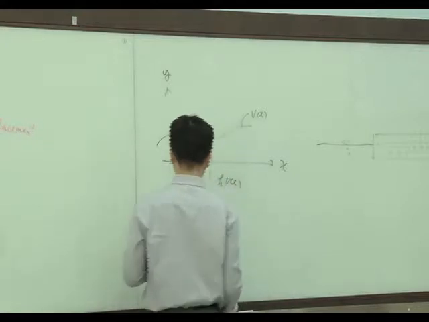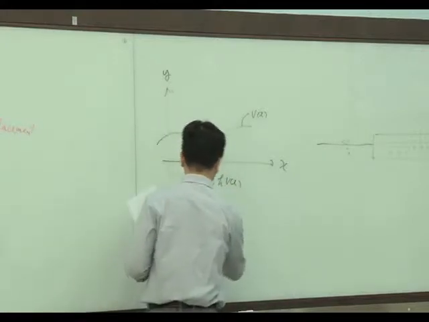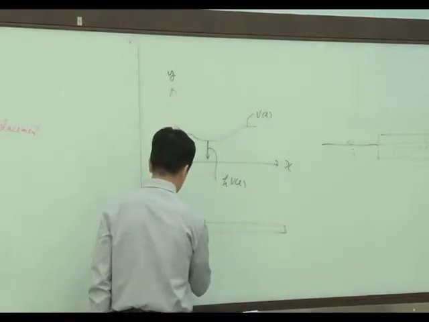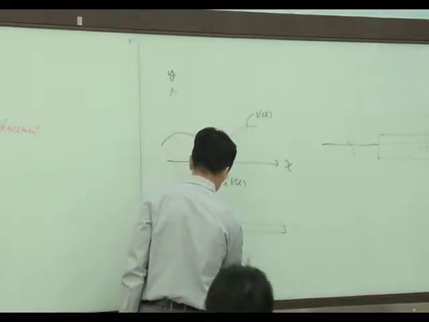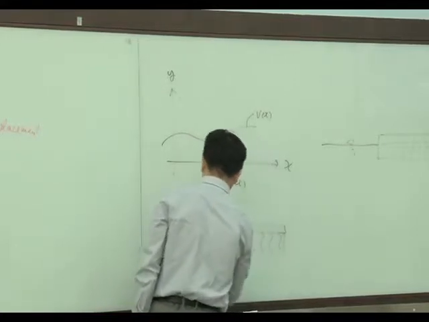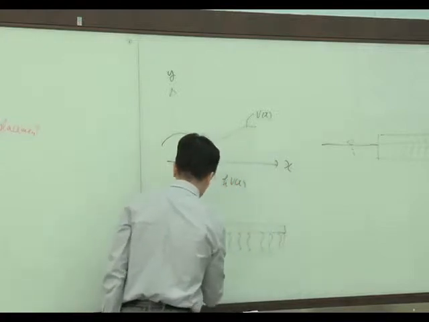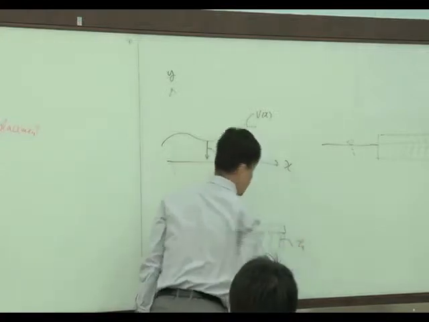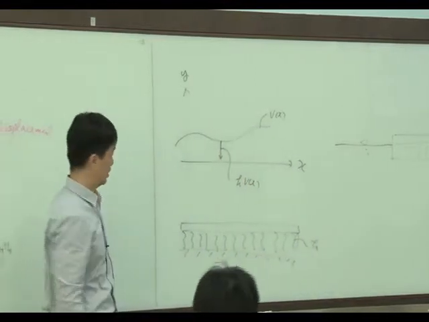You can think like that. Here I have a beam, and here a lot of springs. So the beam is supported by springs. Actually, this is not a simple spring. It is a distributed spring with a spring constant K.